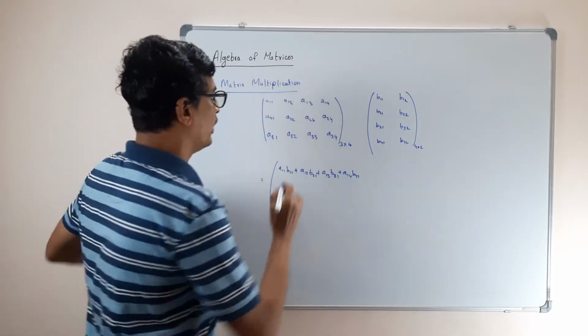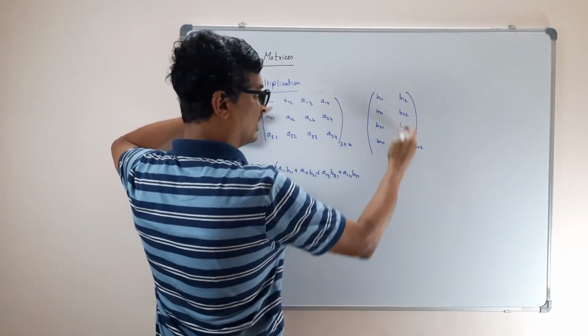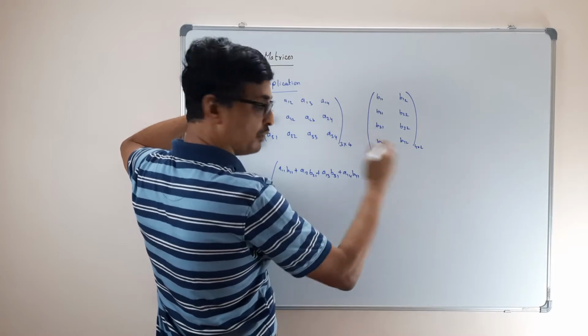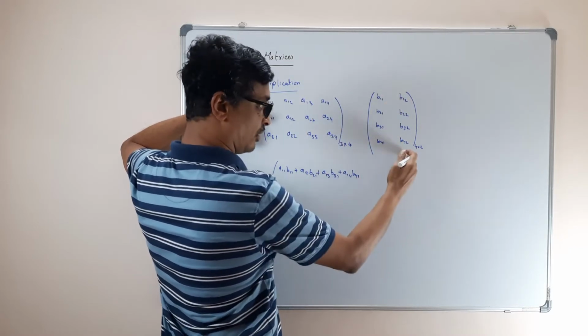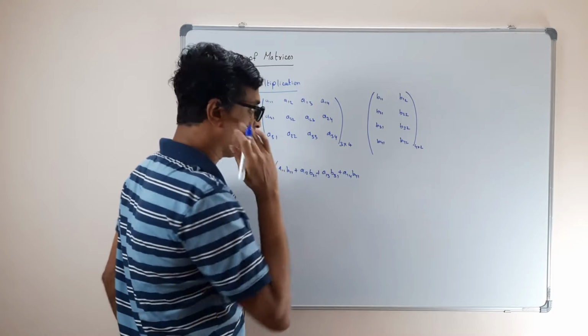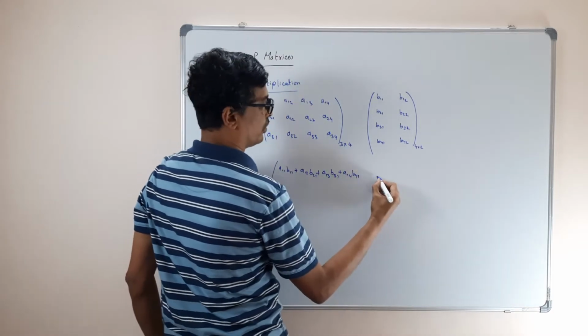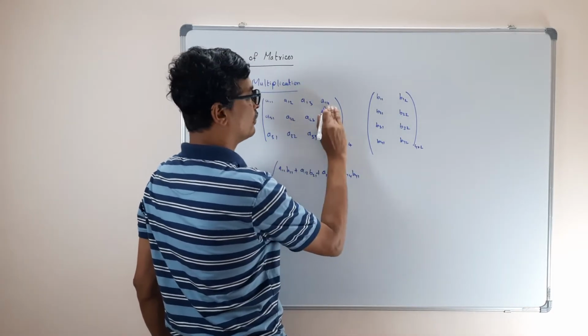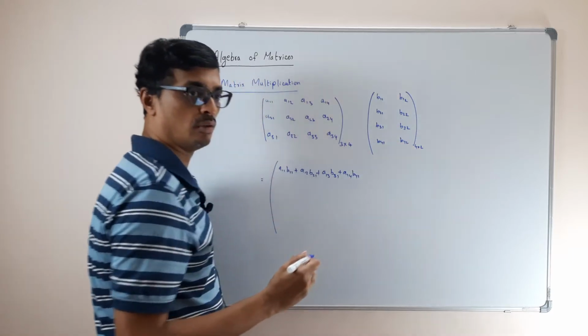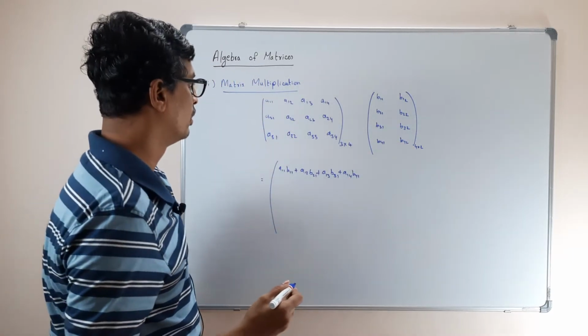Okay, and this into this, possible, right? First row, second column will give me the element. Because first row, first column gave me the first element, now I can always go for one more column also.